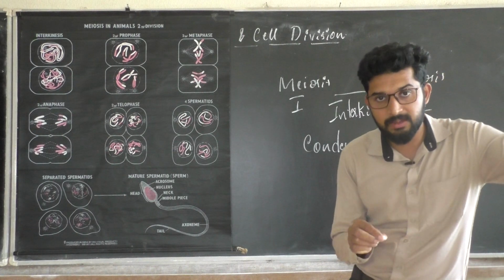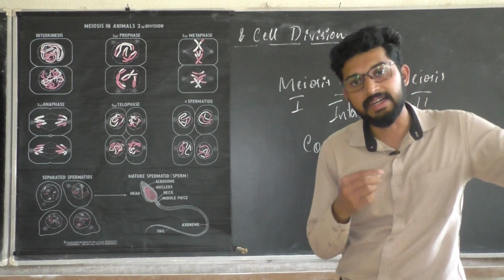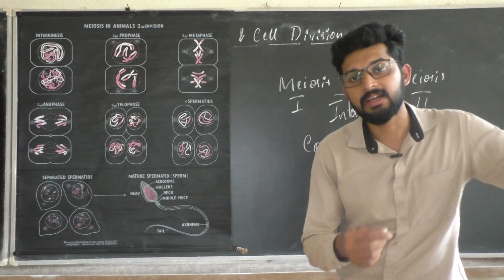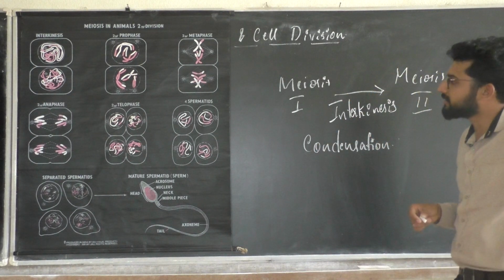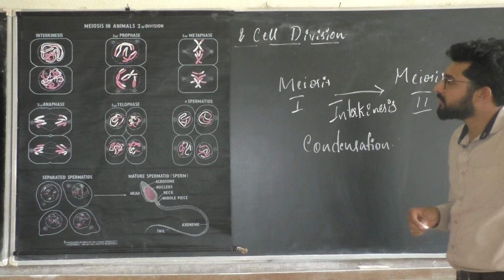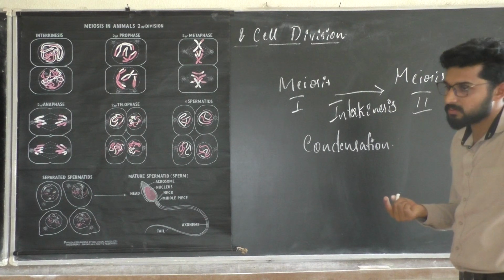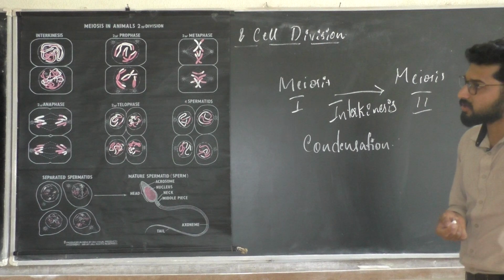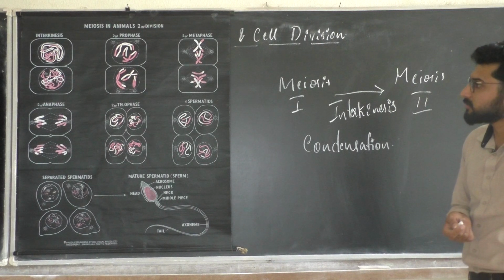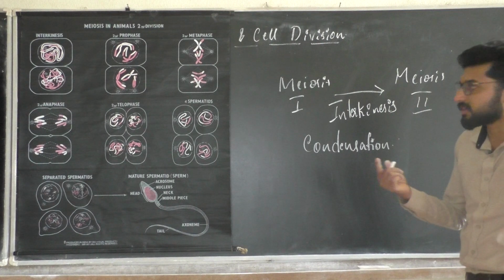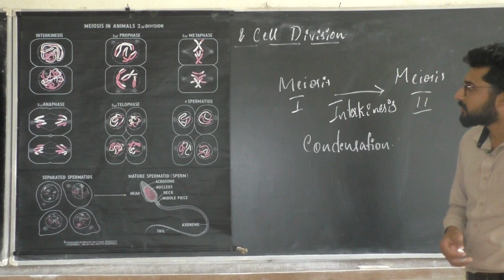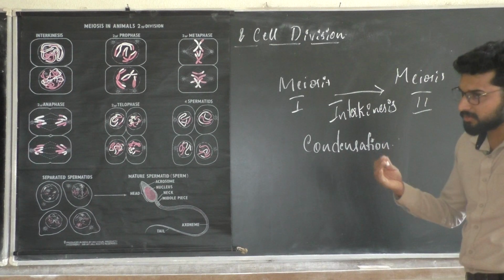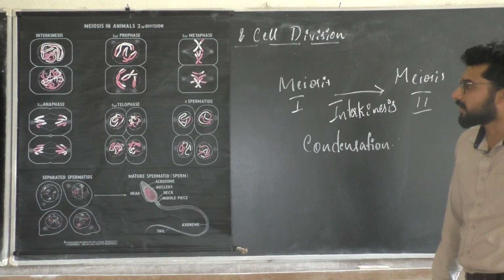When the chromatin fibers condense, they form chromatids. We already know that after telophase 1, you have 23 chromosomes with a copy. The only thing that matters here is the distribution of the chromosomes with respect to the cell.